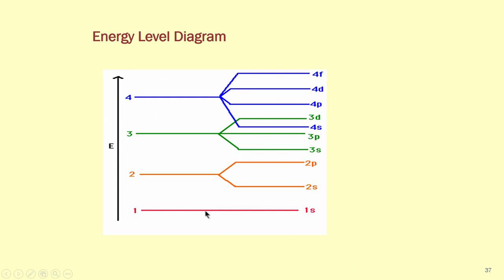Lithium will have 2 electrons in this 1s, and then the third electron would go to the next higher energy level, that is 2s. Similarly, you can keep on filling the electrons around all the orbitals, and our current knowledge of the filling of electrons in different states is based upon this kind of knowledge, where we keep on filling one electron after another in different shells and subshells.